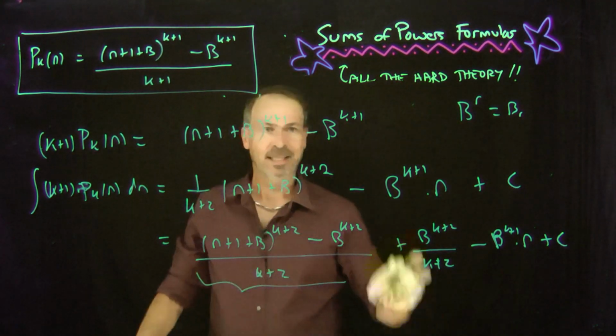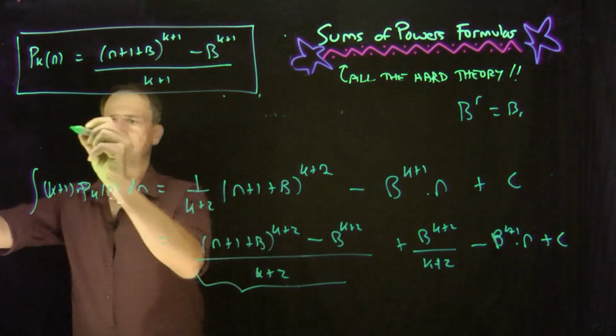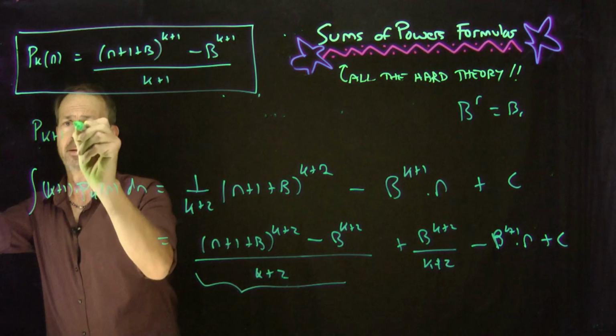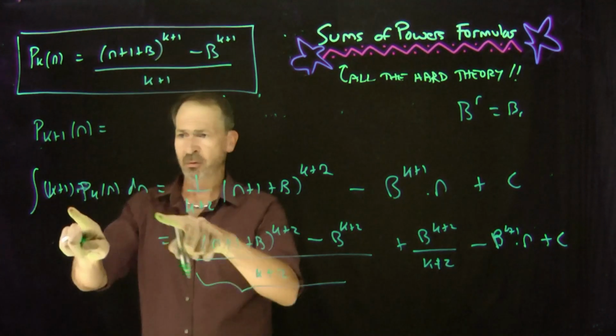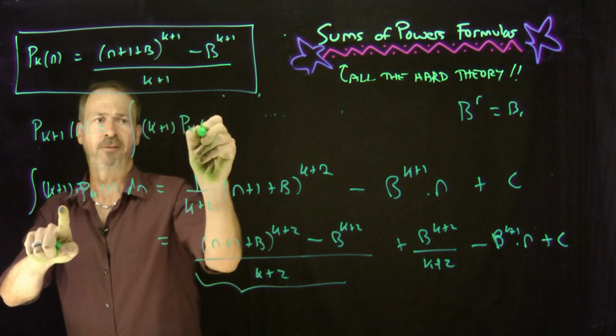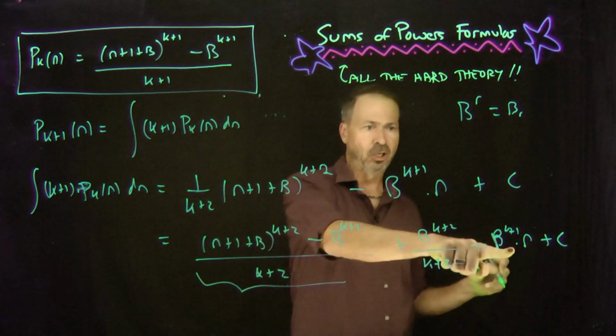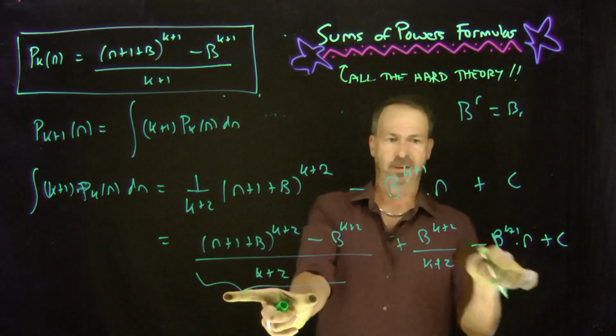All right, so what is this saying? This is saying that my next formula, let's write it out this way, my next formula is actually the integral of the previous formula multiplied by k plus 1, just like I was doing in that very first video. Then there's this n term. I want that by itself, so I'm adding stuff to that side.